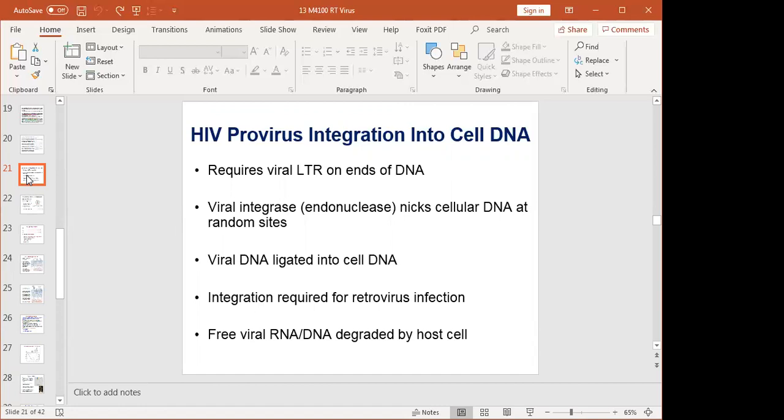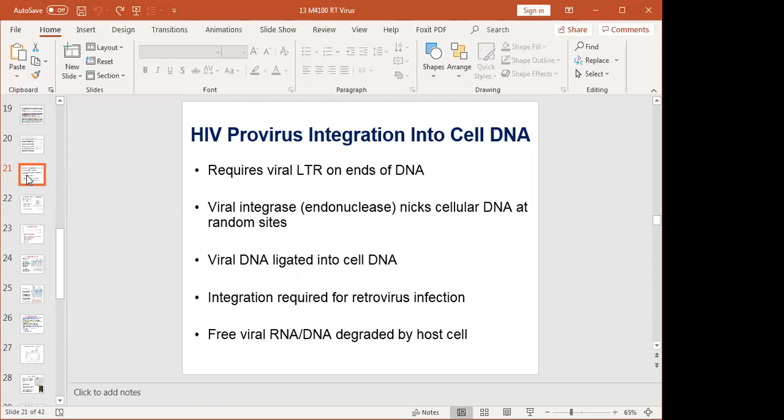It's a random site, and viral DNA will randomly get inserted into host cell DNA, and then the enzyme ligase will patch it up and, like glue, set it in place.